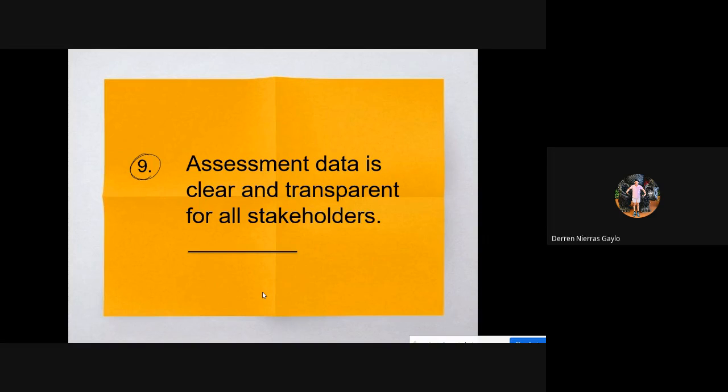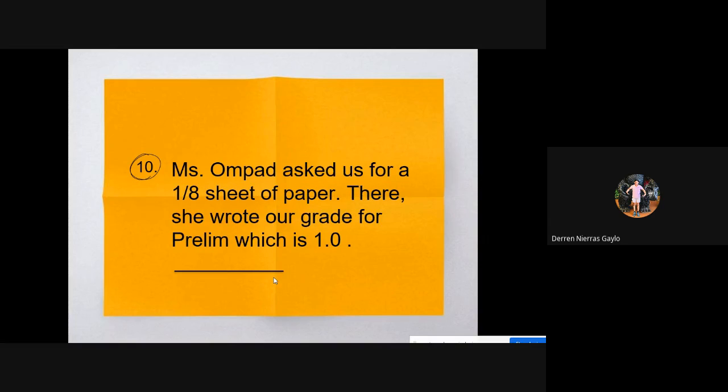Communicated, number 9. Number 10, Miss Umpad asked us for a 1/2 sheet of paper. There she wrote our grade for the prelim, which is 1.0. So if you are giving feedback on the learner, that is communicated. Communicated, number 10.